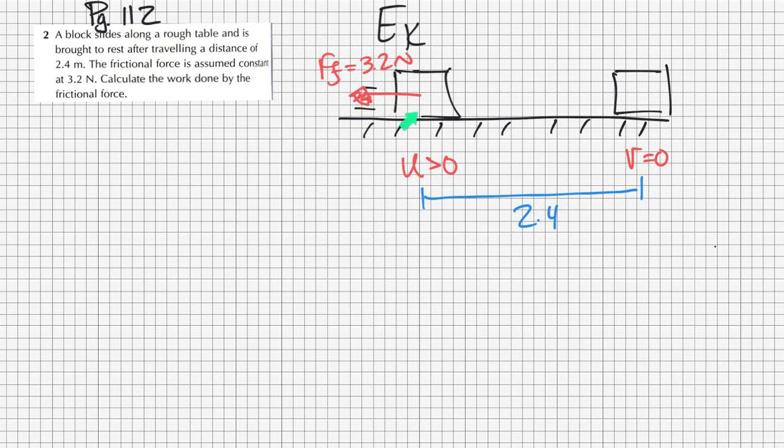And so, if you look at this, we have kinetic energy. This frictional force is going against the direction of the motion, and so we're going to have some acceleration in the negative direction, right?